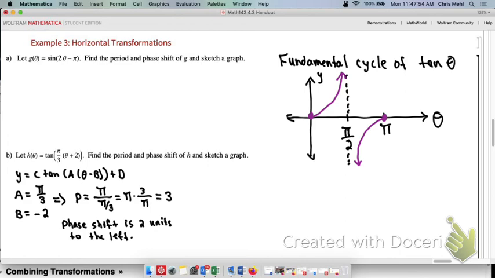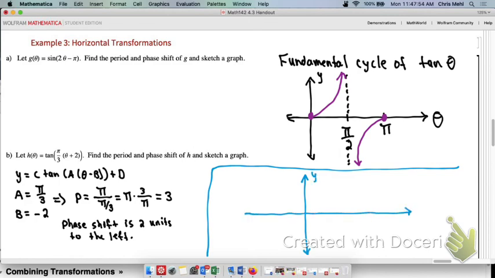I'm just going to box off this right-hand side. I need to start at negative 2. That's where we're going to start this cycle. So here's a y-axis. Here's a theta axis. I'm just going to do tick marks that are 1 unit.